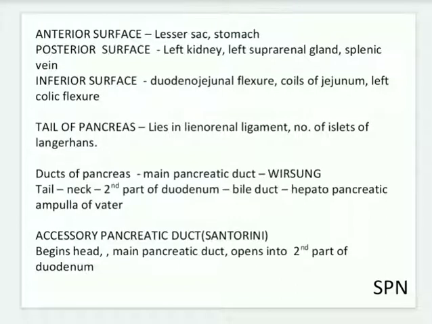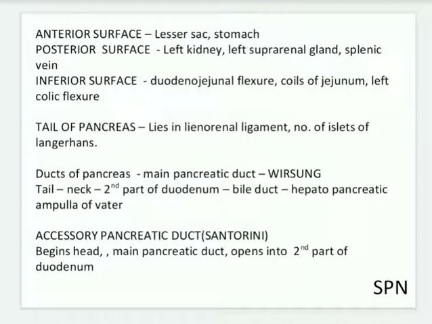The posterior surface has the left kidney, left suprarenal gland and splenic vein. The inferior surface has the duodenojejunal flexure, coils of jejunum and left colic flexure. The tail of the pancreas lies in the lienorenal ligament and contains the islets of Langerhans.